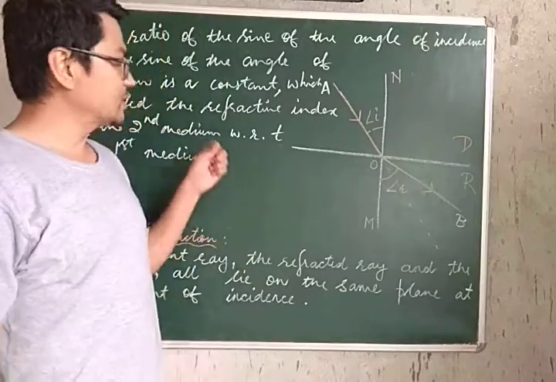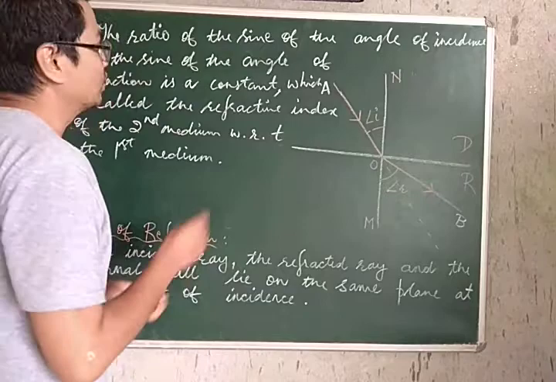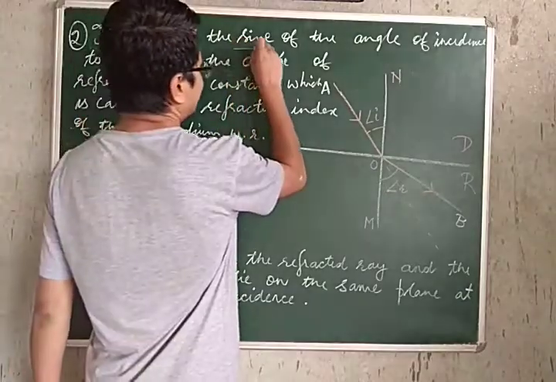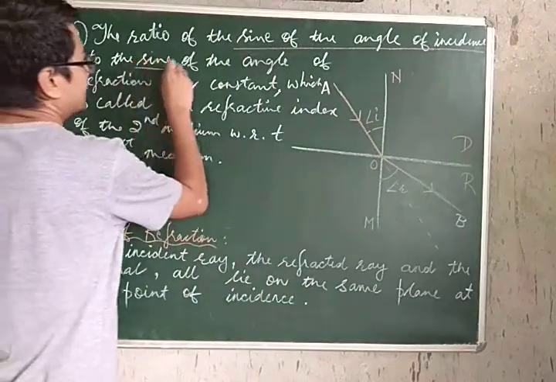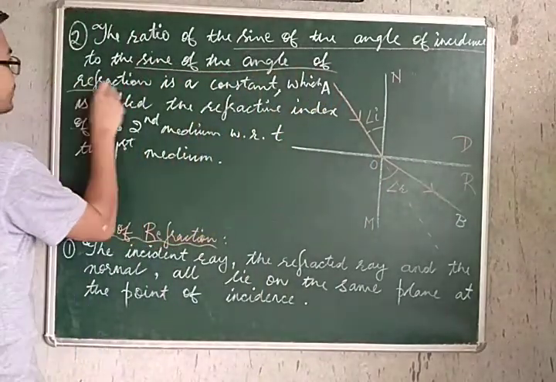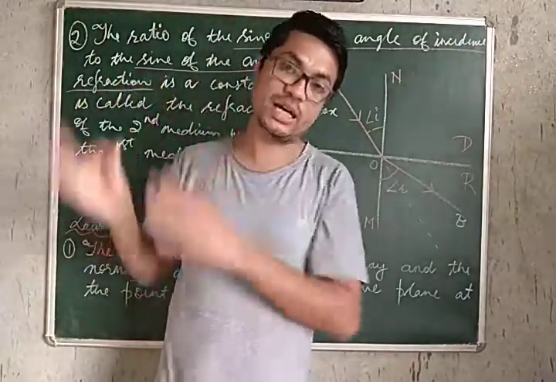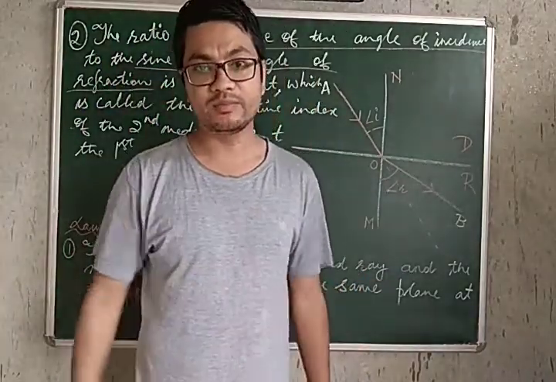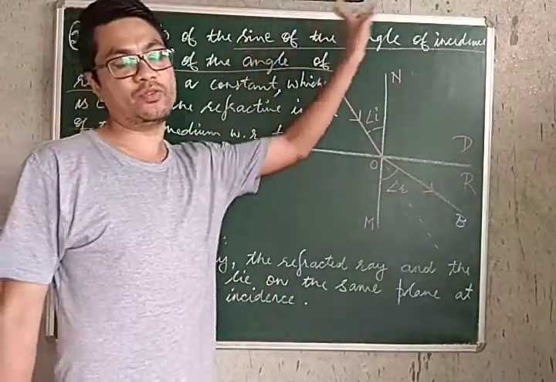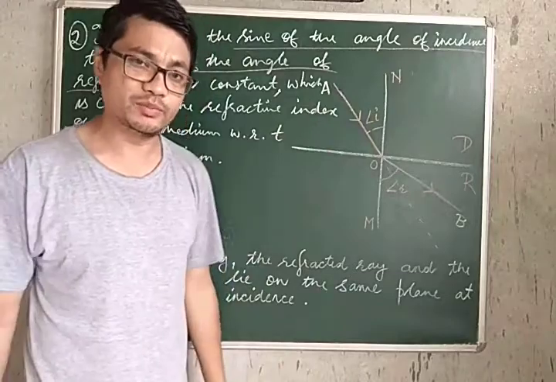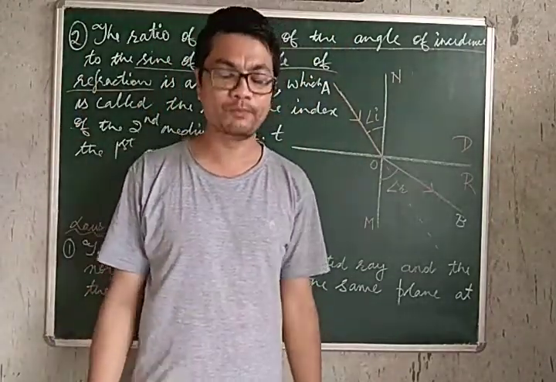Because, like I already told you, this statement is more of a mathematical statement, and these words over here, sine of the angle of incidence, sine of the angle of refraction, are truly mathematical terms, and you are only going to study about sine of an angle, whatever kind of an angle it be, be it angle of incidence, be it angle of refraction, or there could be other kinds of angles too.